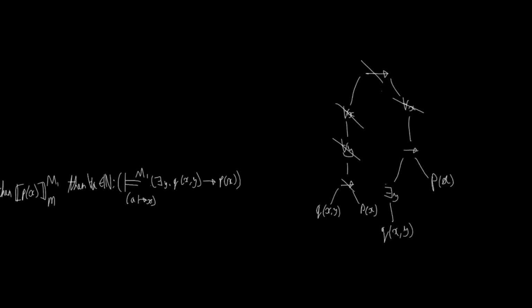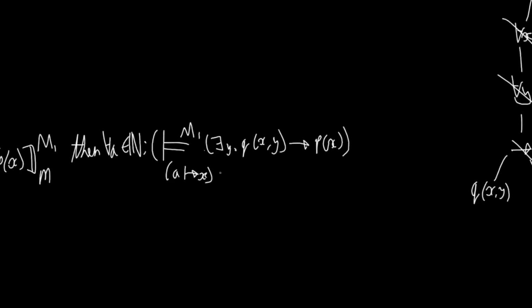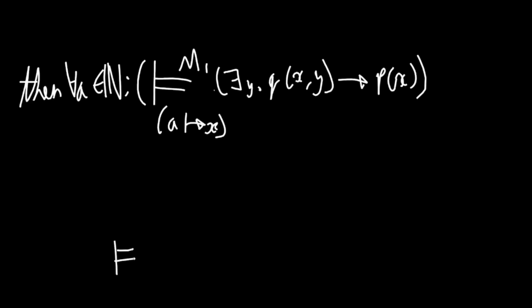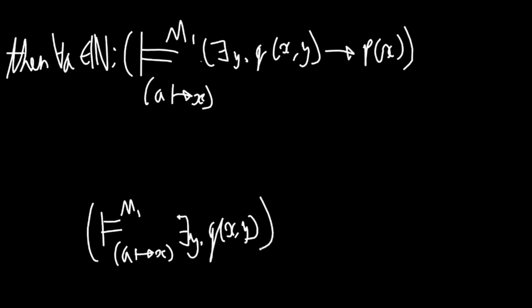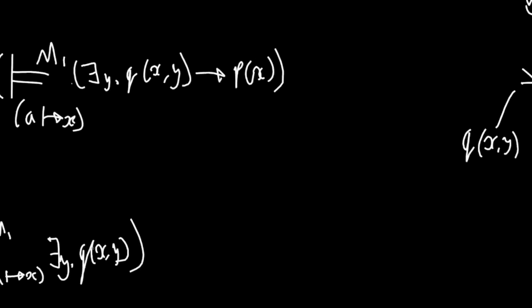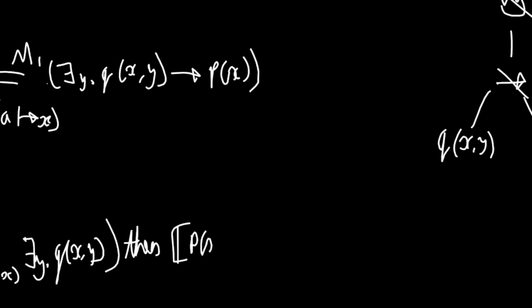We can then do this same thing to this if statement over here. So this would become turnstile of model 1 and A maps to x of there exists y such that q of xy, and that would be if this guy then double square brackets p of x parameterized by m1 and A maps to x.